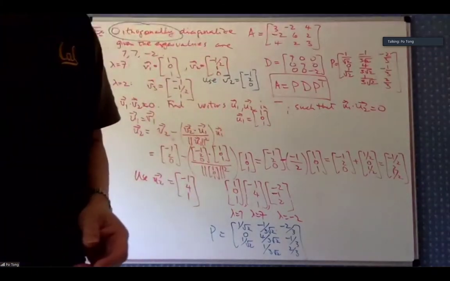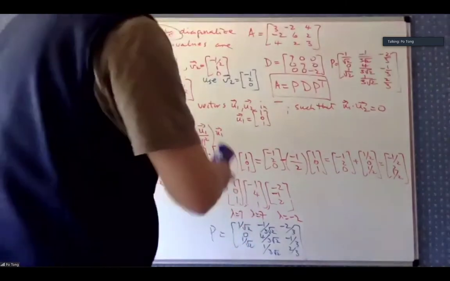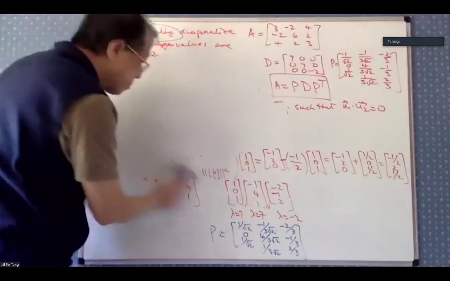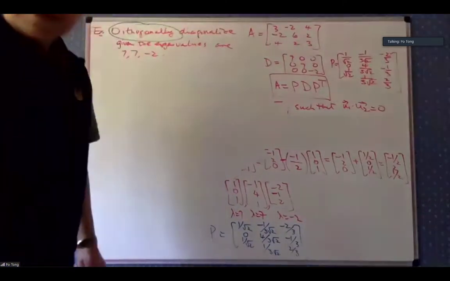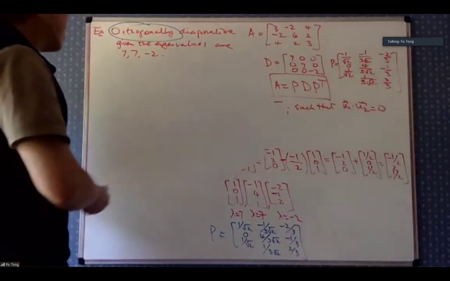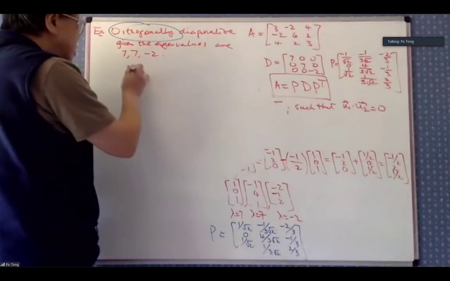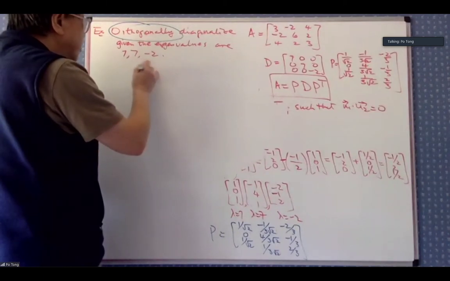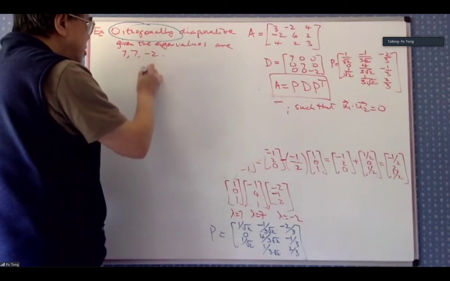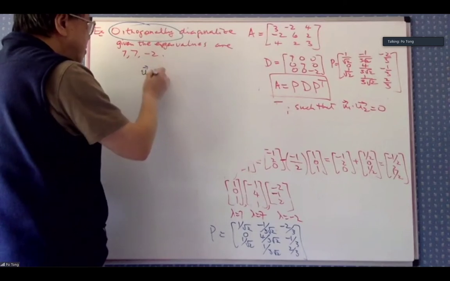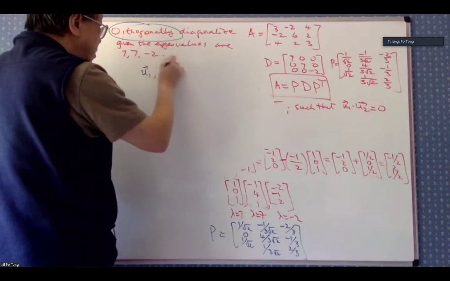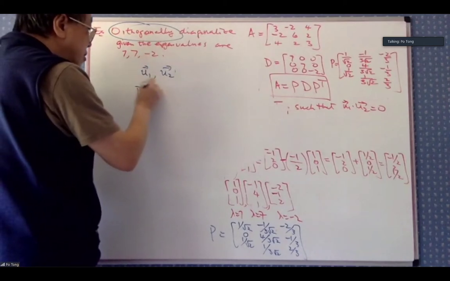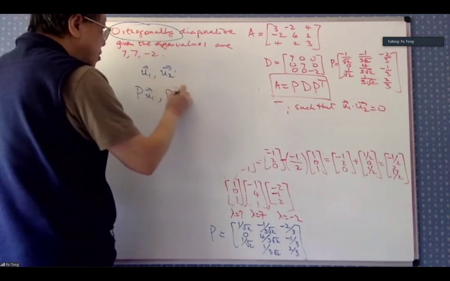So orthogonal matrix, I mentioned it at one point, maybe not last time. It preserves inner products. So if I have, let's say, U1 and U2, and then I consider P times U1 and P times U2.